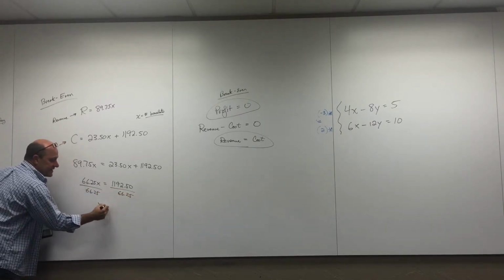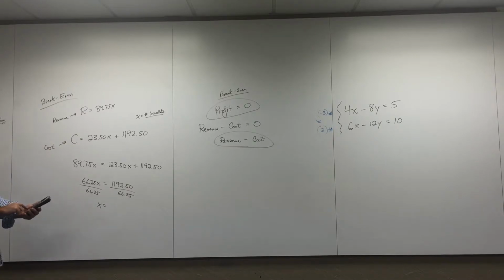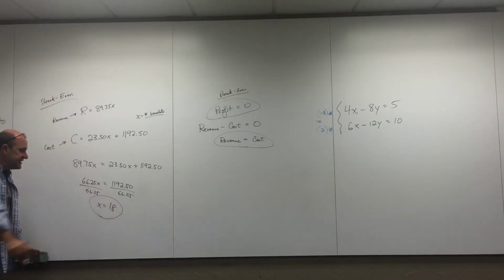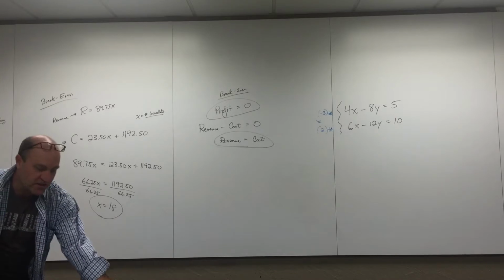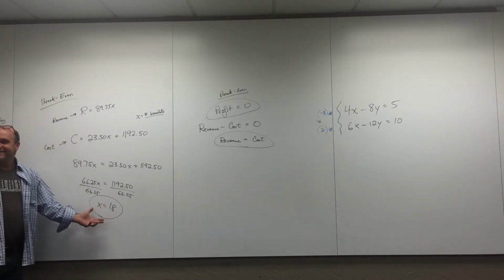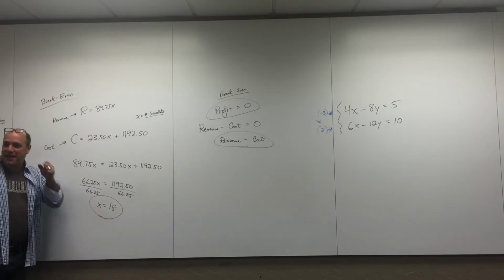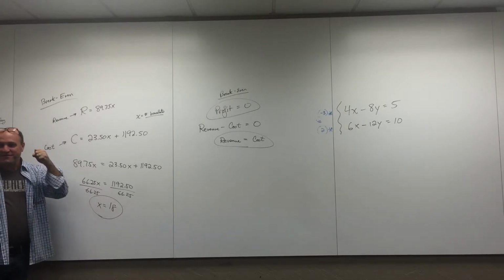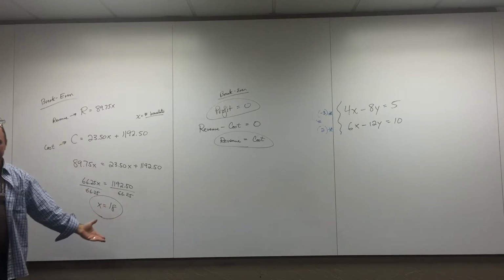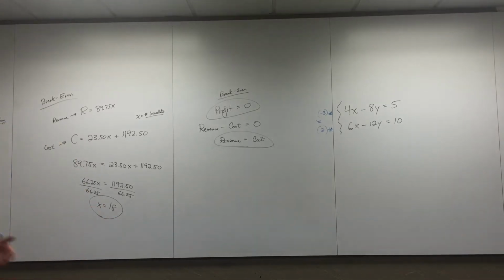And x is, I need a calculator. 18. So she's in this business, and once she sells 18 bracelets, she finally breaks even. She'll be looking forward to selling number 19 and number 20 and number 21 and number 57, and she'll make money. But she has to sell 18 bracelets before she even breaks even.